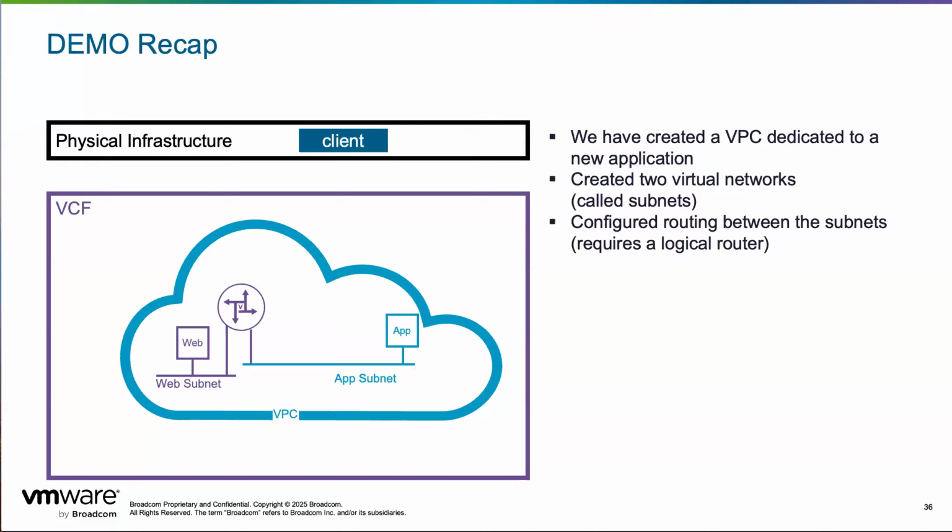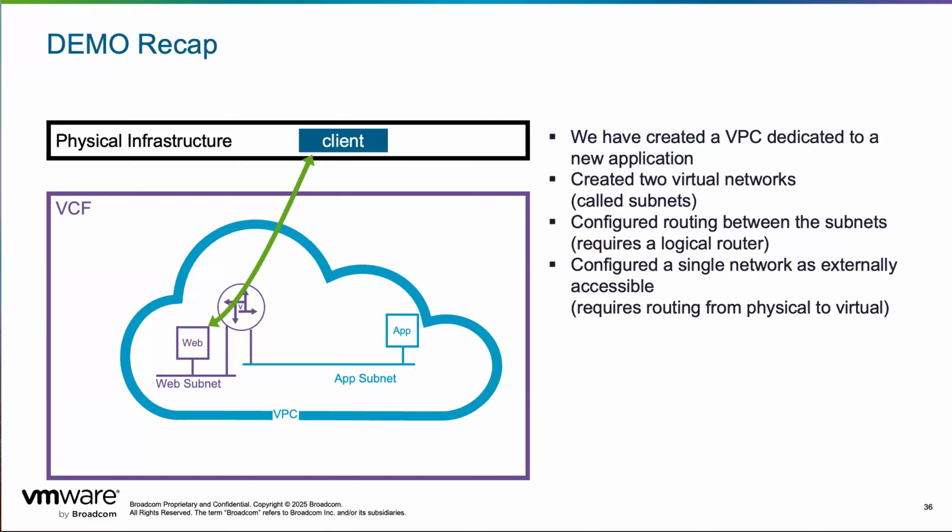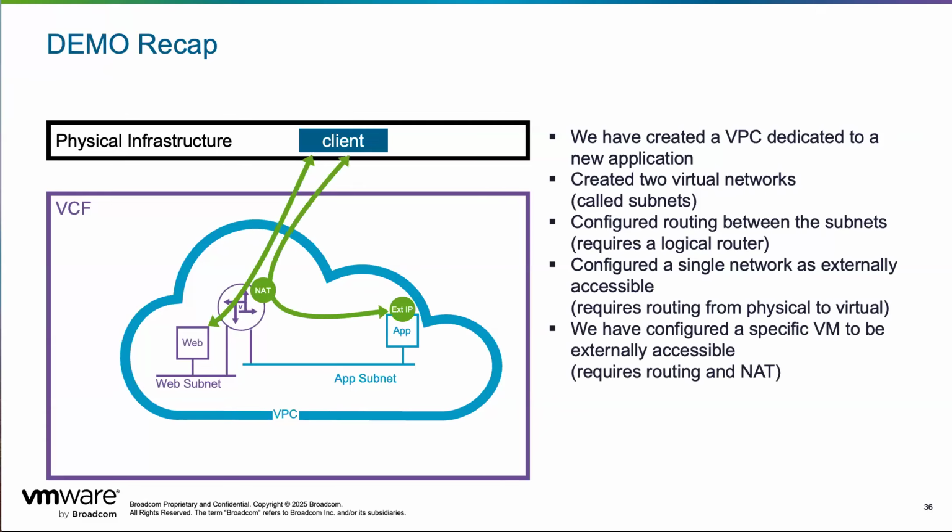My point is that there is a logical router automatically instantiated for you for providing connectivity between those two web and app subnets. I've made one of those two subnets externally accessible. And finally, I've shown you how you can easily make an exception for a private VM so that it gets an external IP address and that automatically configures NAT for you.